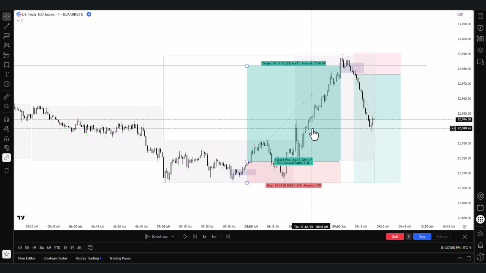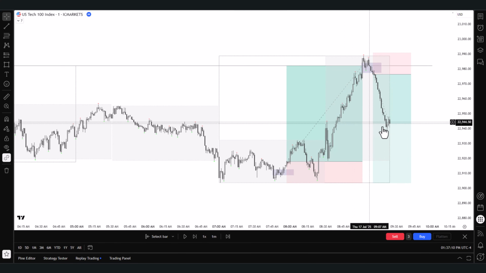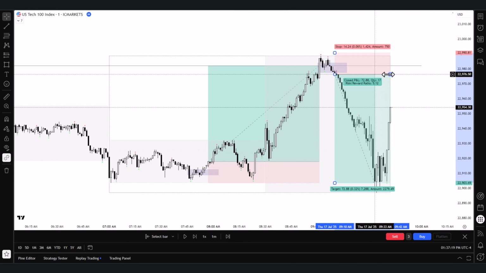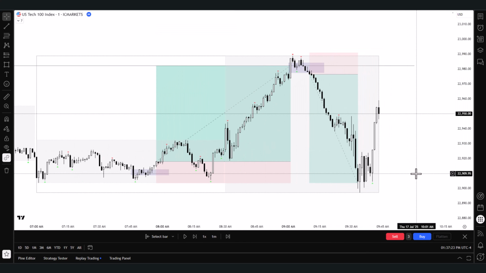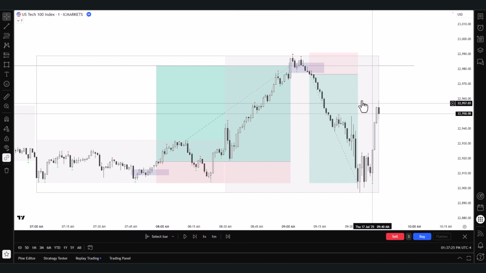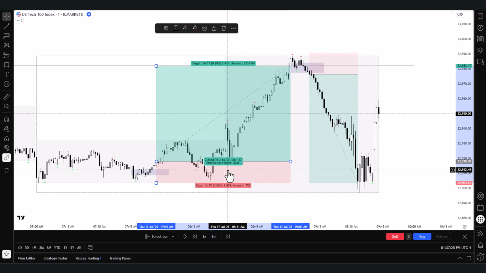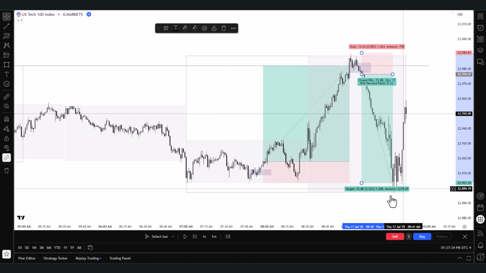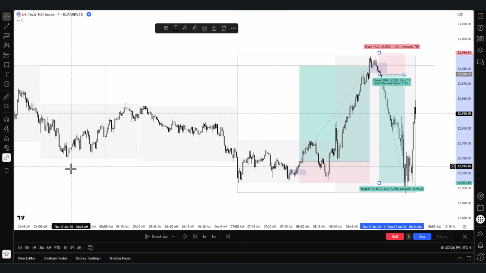We already reached the 50% level, so we are on break even. So here's our final target. So 4.46 RR, 5 RR, 9 RR in one day, and price again sweeps the London low.